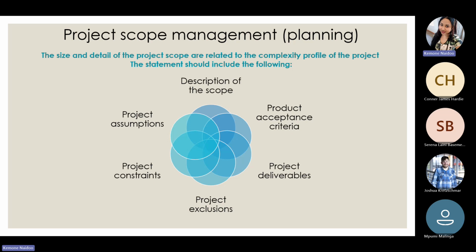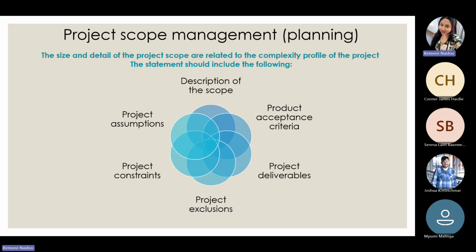What is the product acceptance criteria? So, what is the criteria for this? Like what are the specifications that I should have? Sometimes even there are specific standards. You can think about quality, all of those things can also be discussed in here. Project deliverables.